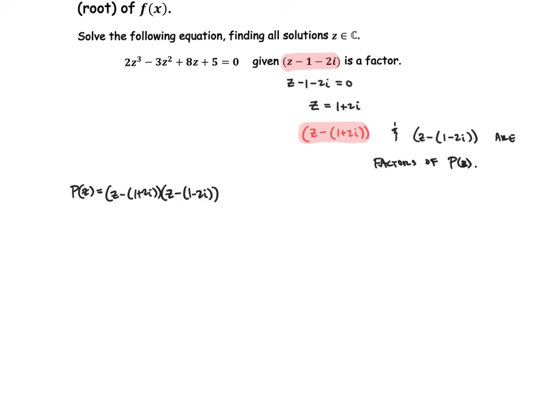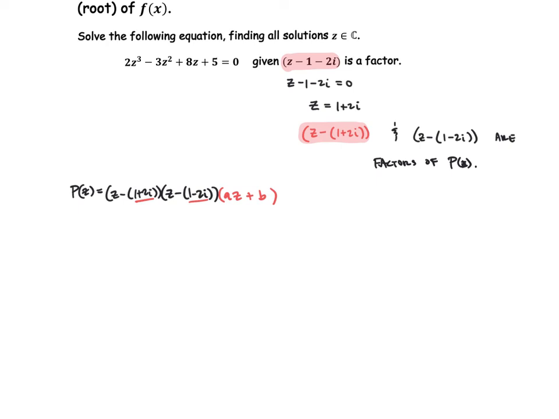They come in conjugate pairs, as you can see, I've got conjugates here. And I'm going to then come up with values for A and B such that our polynomial would be true.